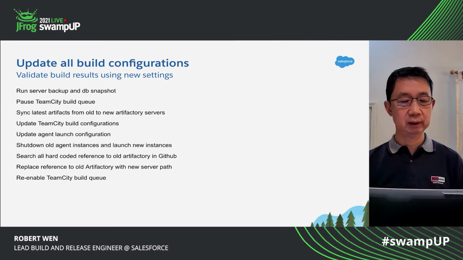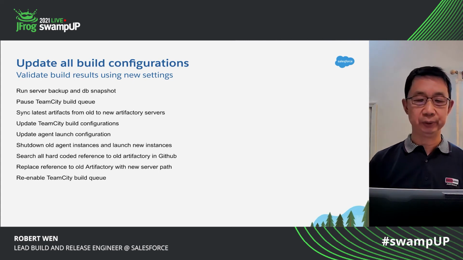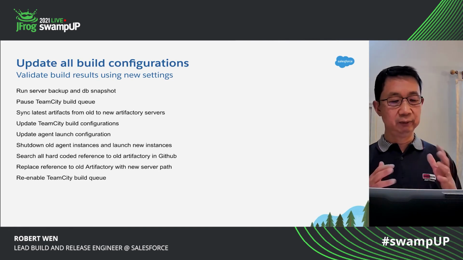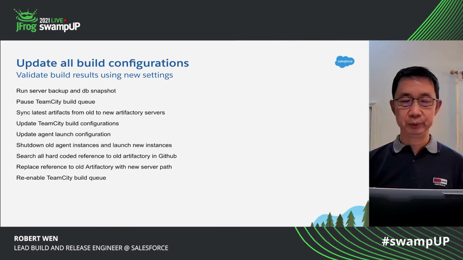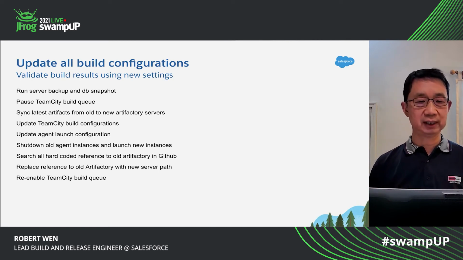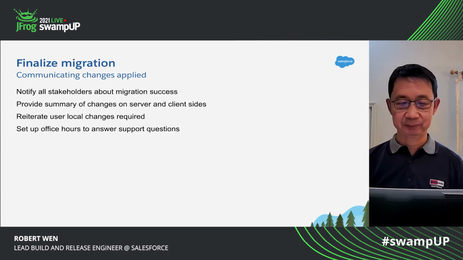So at that point, we re-enable the TeamCity build queue. From that point on, all the builds are resumed. We are ready to communicate with all the stakeholders about the migration result.